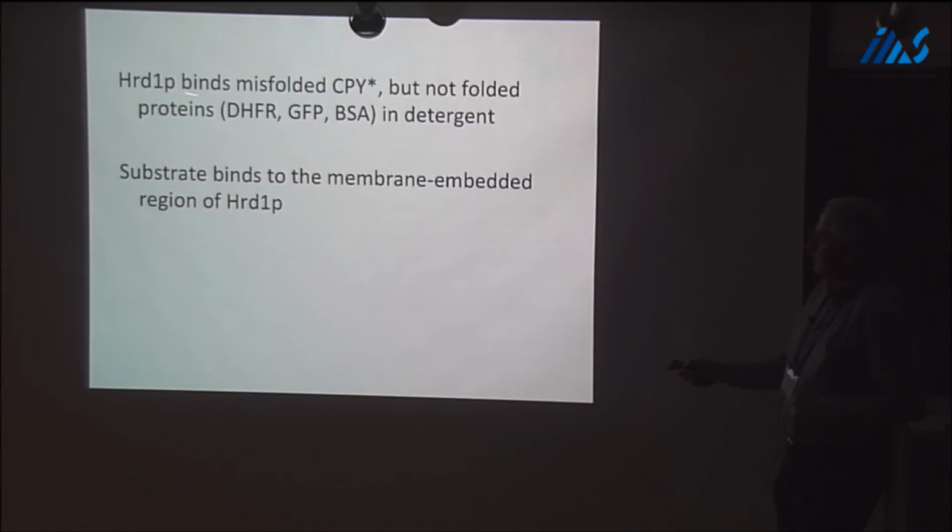I just want to mention that if you incubate HERD1 with the fluorescently labeled CPY star, you can see binding. But HERD1 does not bind to folded proteins such as the Y-type CPY or these proteins here. Everything is done in detergent. And also, without showing you the data, we find that the substrate binds to the membrane-embedded region of HERD1, which is expected because that's the only thing that the substrate can see from the luminal side.